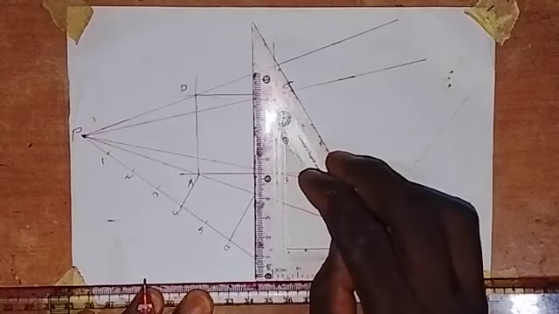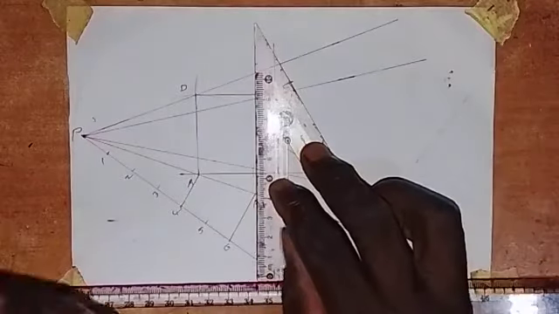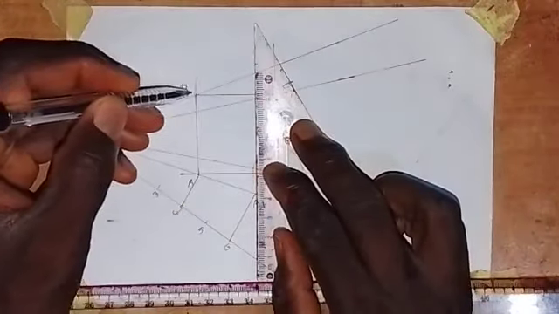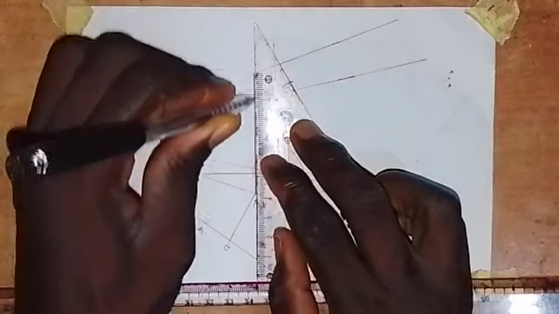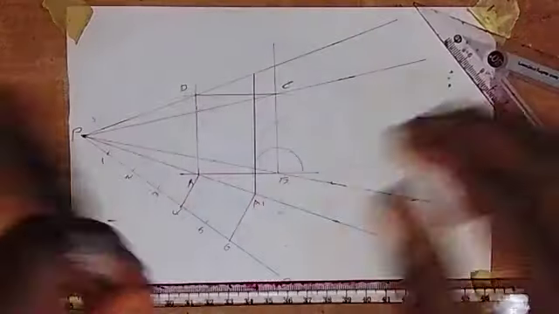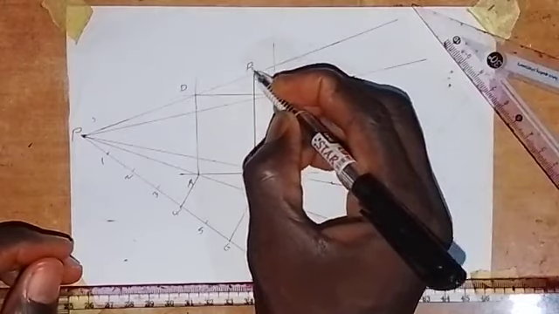Getting to point A1, I draw a line from A1 to touch line D. It goes like this. When it touches line D, this point is D1.